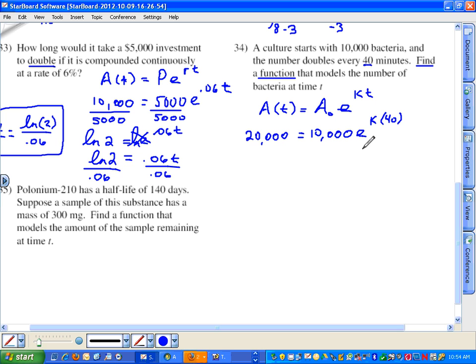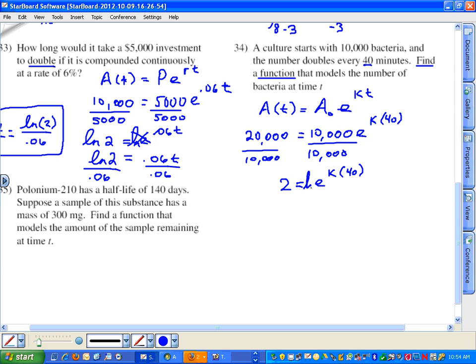Once we know the value of k, we can plug it back into this formula and end up with a function of t. So k is an exponent, which means we're going to have to use logarithms to solve for it. This is very similar to what we did over here for problem 33. Divide by 10,000 to isolate the exponential term. We're going to have 2 is equal to e to the k times 40.